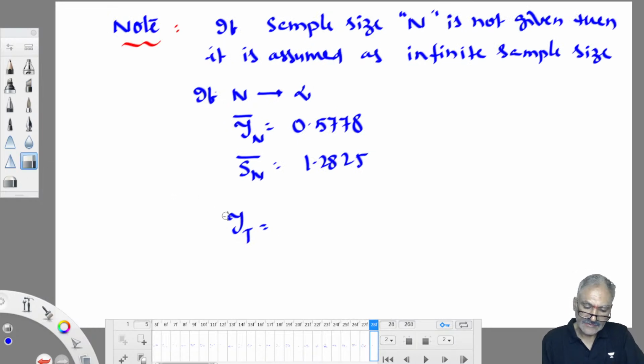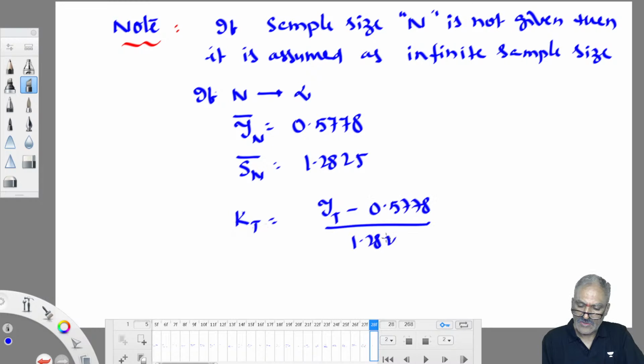The frequency factor KT for infinite sample size is YT minus 0.5778 divided by 1.2825. Most of the times we use this. This is true only when n tends to infinity, when the sample size is infinite, then you can use this. Okay? That's all.